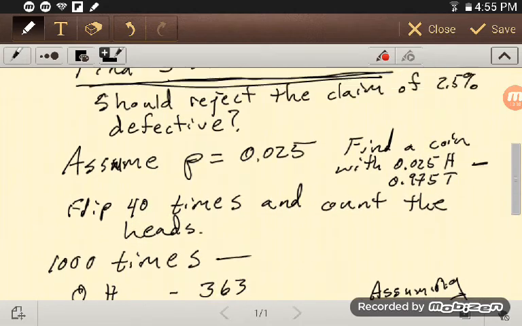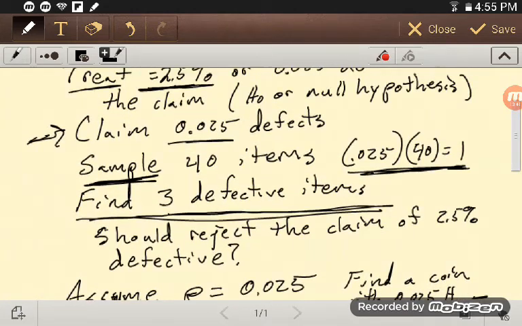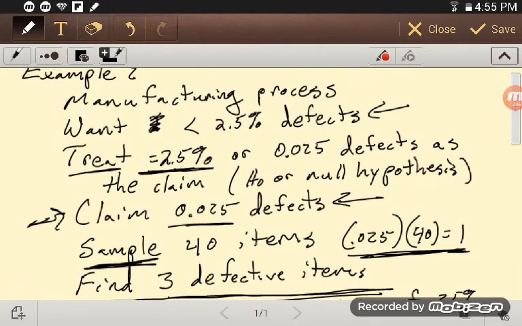And all we're doing is, hey, we're making this claim. Now, is anybody really making this claim? Well, no. Actually, this is our goal. We're hoping that we can treat our batches as though they have no more than about 2.5% defects.